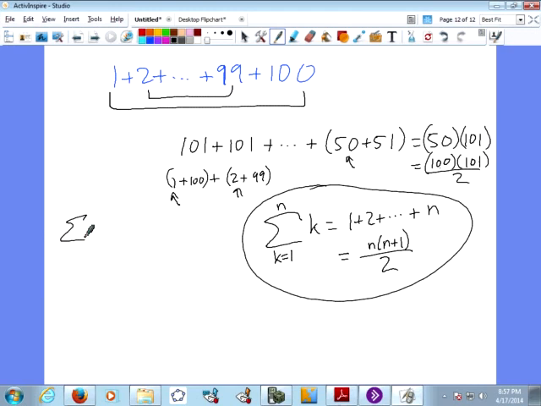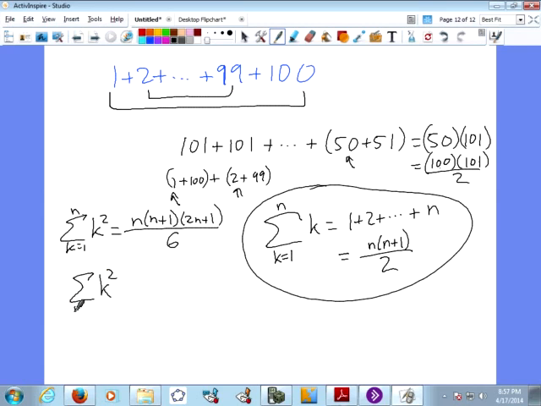Similar formulas, but harder to prove, are that if you add up the sum of the first n squares, you get n times n plus 1 times 2n plus 1 over 6. Try it out with a few small numbers. Add up the first 10 perfect squares by hand and verify that you get 10 times 11 times 21 all divided by 6. And then there's another one that's kind of surprising.